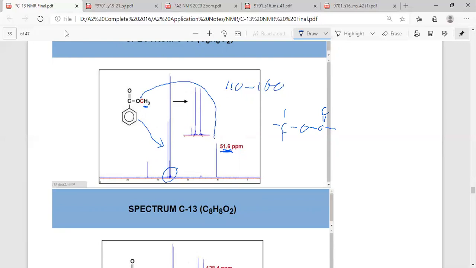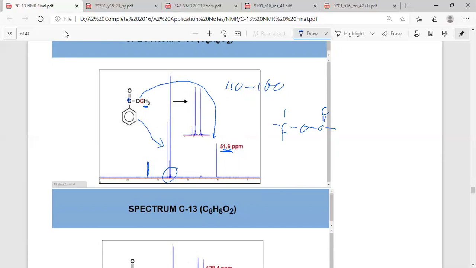So all these lines here, there should be 4 lines here. You can sometimes see 3 lines, don't care. Of course, this carbon here is your ester, it should be this line here.